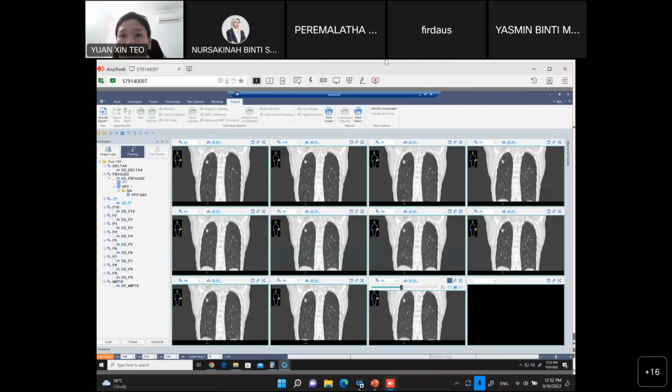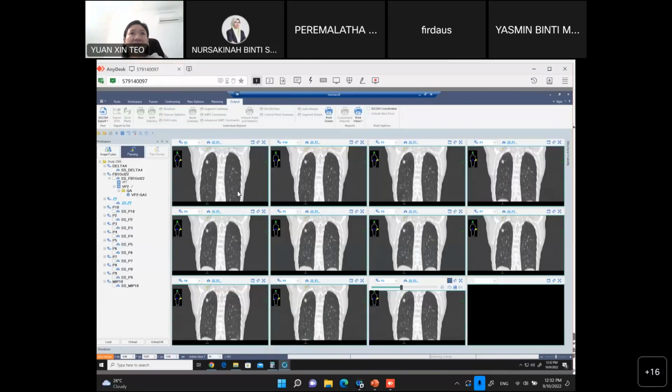Another question is, if there is a CT with contrast, will planning be done on the contrast CT or the non-contrast CT? It depends. If the contrast CT scan is done in the imaging department, we won't use that CT image for our planning, because in imaging, their position is not like ours. They didn't fix any position that can be reproduced for the treatment.